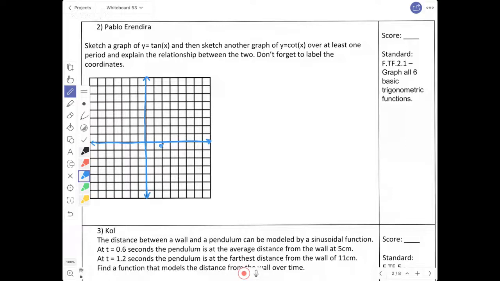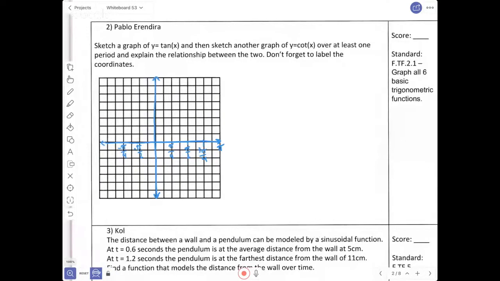So I'm going to count by pi over 4, pi over 2, 3 pi over 4, and pi, and negative pi over 2, negative pi over 4, negative 3 pi over 4.